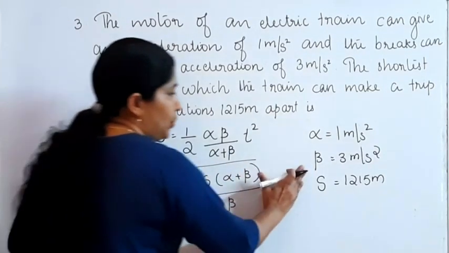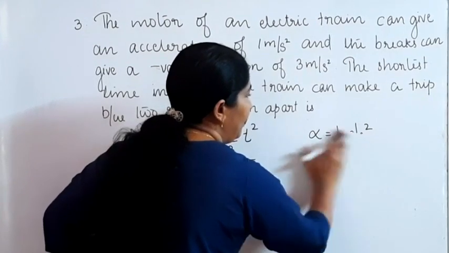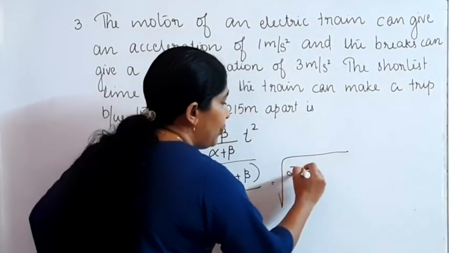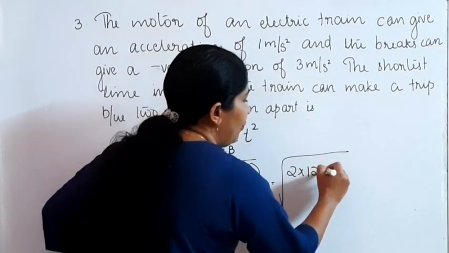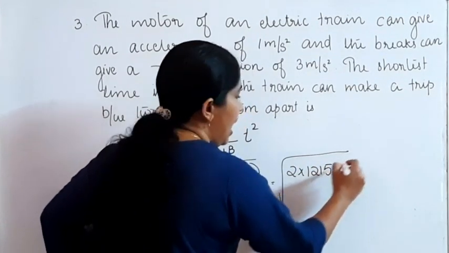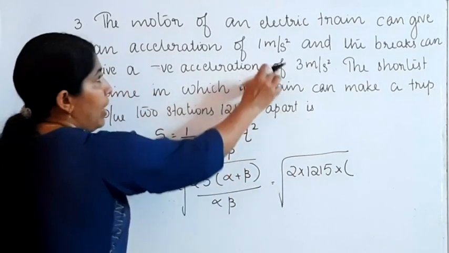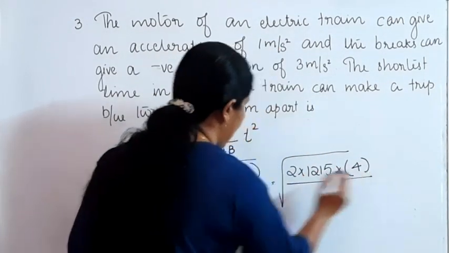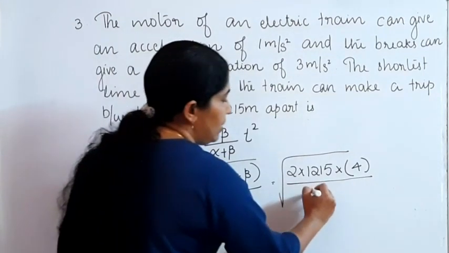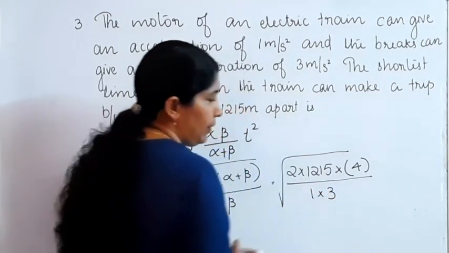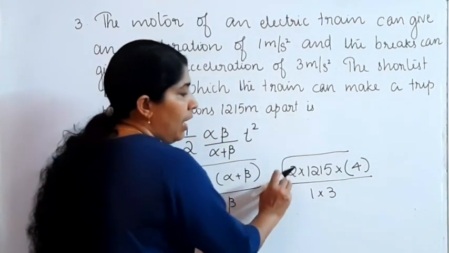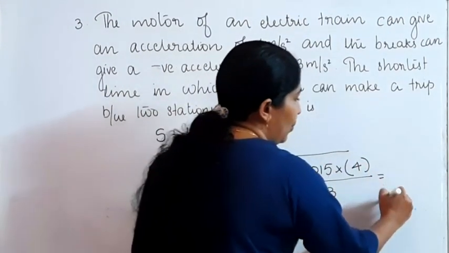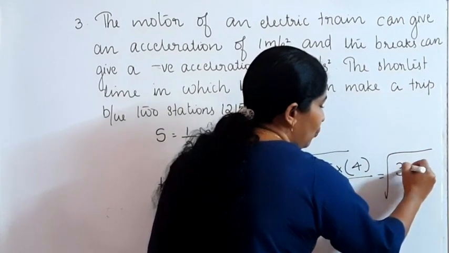Then on substituting these values, equal to root of 2 into 1215 into alpha plus beta, that is 1 plus 3. 1 plus 3 is equal to 4, divided by alpha into beta, that is 1 into 3. Okay. Then on solving these values, we get it as root of 3240.